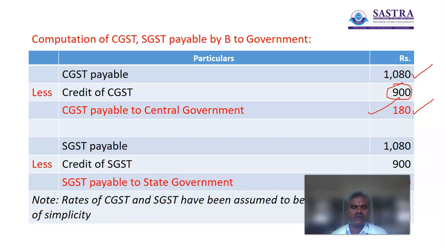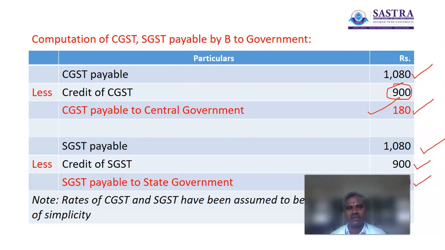Now come to SGST. The actual amount payable for SGST is 1,080. Then the ITC for SGST from the previous purchase is 900. So the balance 180 is payable. So this is the final payment system of GST, my dear students.